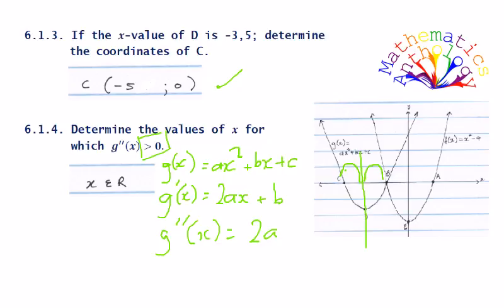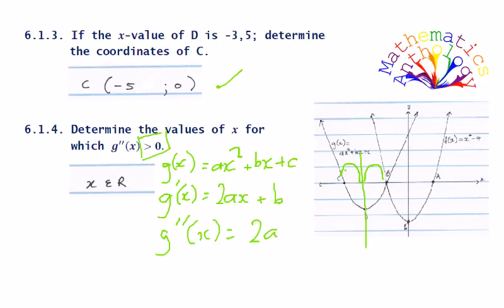6.1.4, determine the values of x for which g double prime x is greater than 0. Okay, so let's start with the equation of g that we have. We were given that g of x is equal to ax squared plus bx plus c. If we find the first derivative, we'll end up with g prime x is equal to 2ax plus b.